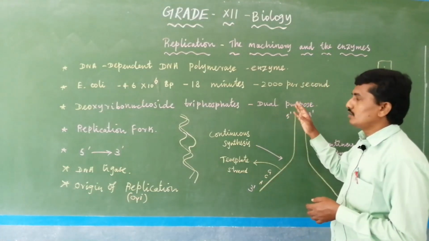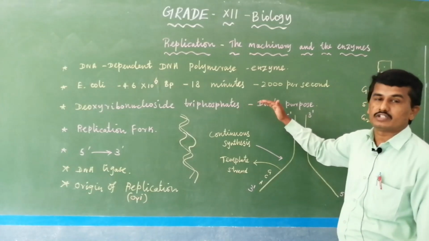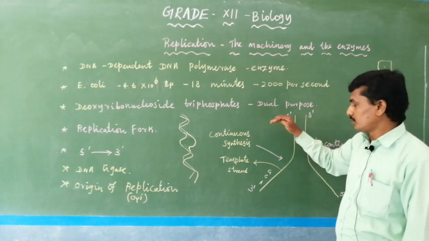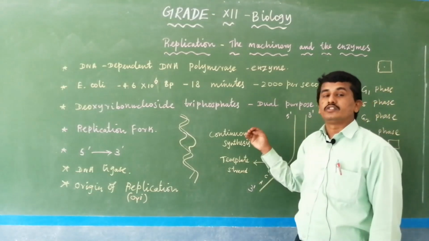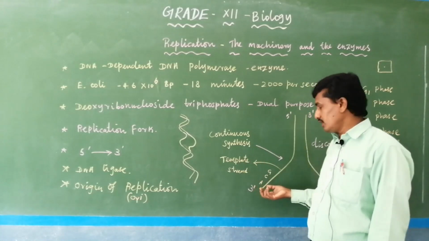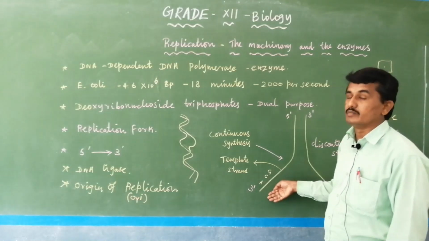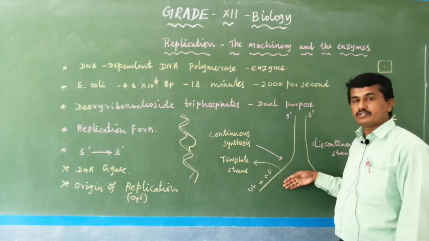And actually here the deoxyribonucleoside triphosphate is a dual process. Dual means two processes. One is providing energy to the DNA replication, and another is that it acts as a substrate. Substrate means for DNA, adenine needs thymine, cytosine needs guanine, guanine needs cytosine, the nitrogen bases are needed.